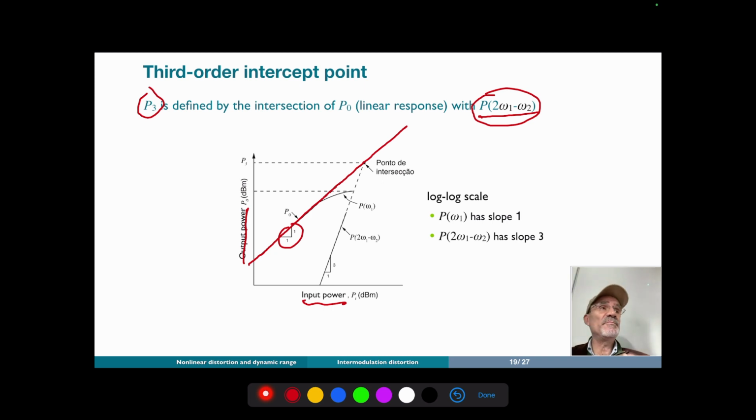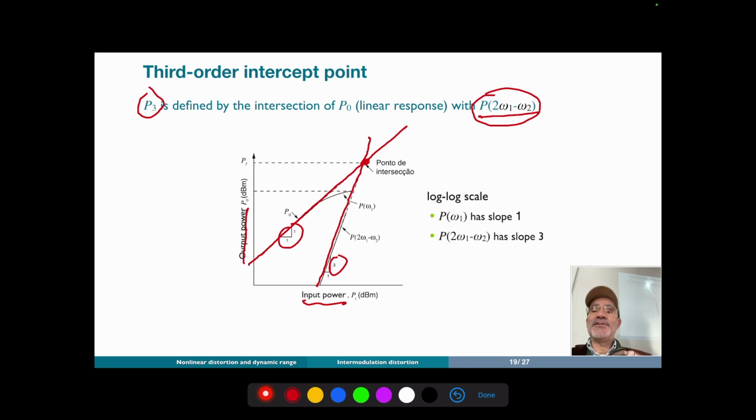We've seen that it depends on the cube of the amplitude of the signal, and so it increases like this, with a slope of 3, because it depends on the input voltage to the cube. And so it intersects the linear curve at a point which is precisely defined as the third-order intercept point.